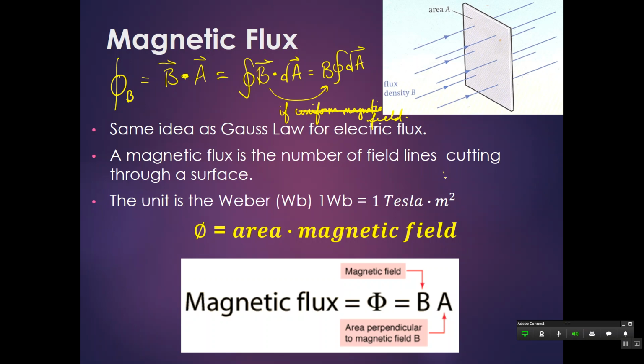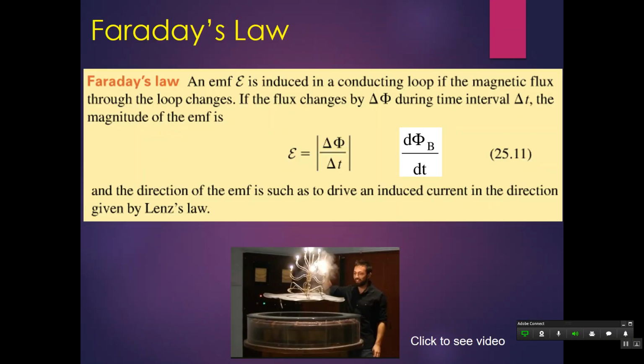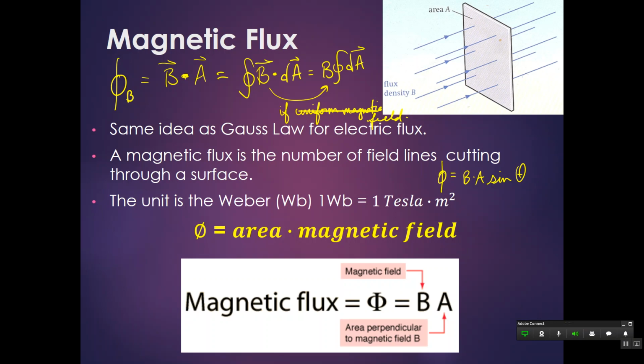There is a way to calculate the flux mathematically if I wanted to measure it at different angles. My flux at different angles would be B A sine theta. Was it sine theta or cosine theta? I can't remember. It was cosine theta? I'll take your word for it. The dot product is cosine theta, right? Yeah. Okay.